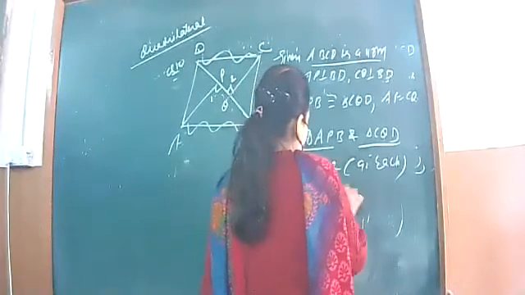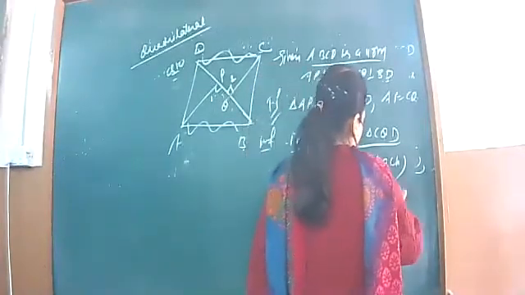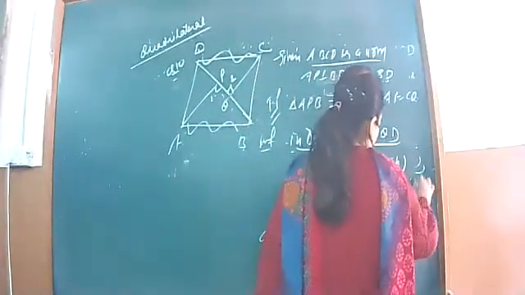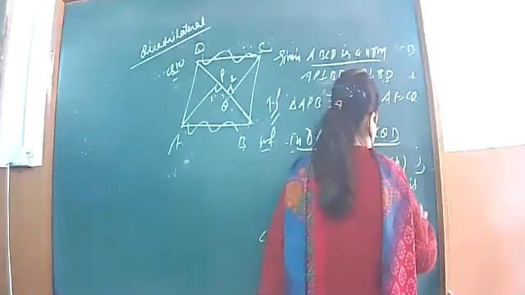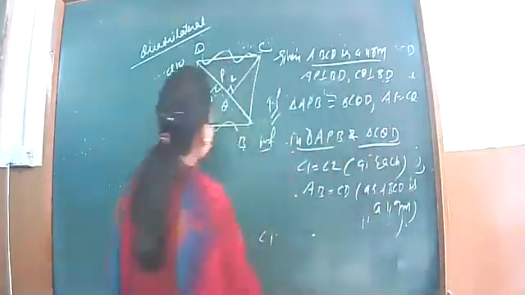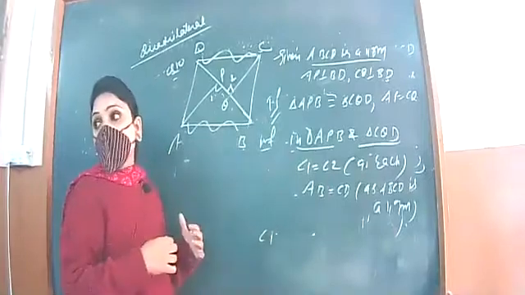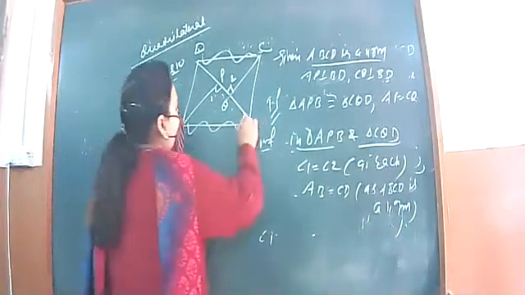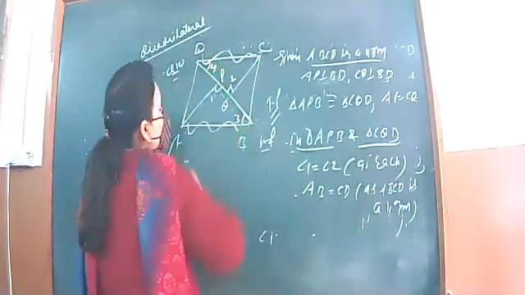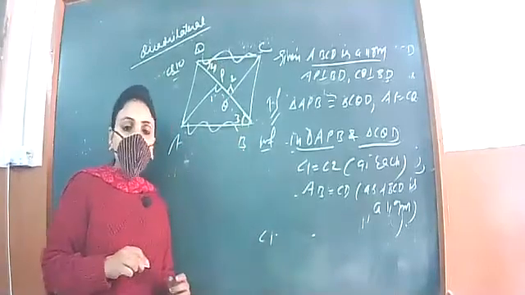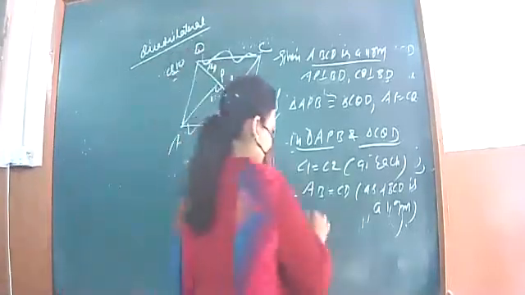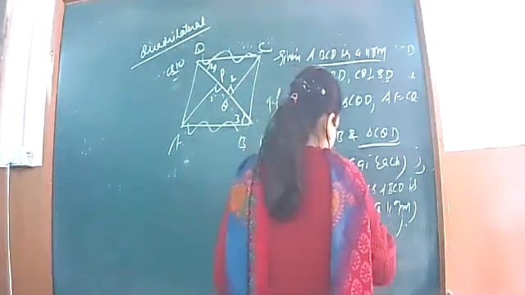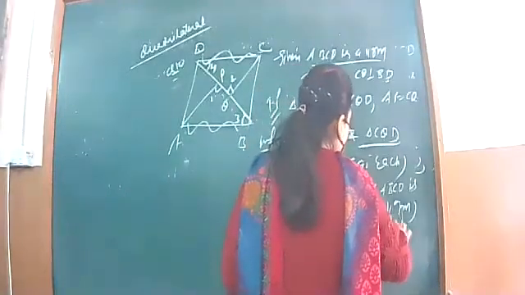So AB equal to CD as ABCD is a parallelogram. And moreover, these are parallel and alternate interior angles should be equal. So this is 3, this is 4. We can have 3 equal to 4, alternate interior angles.